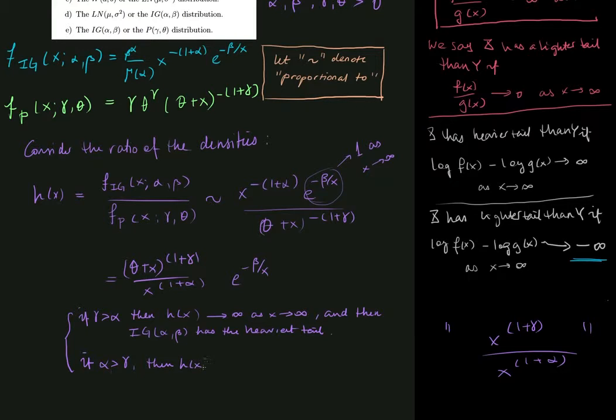So then h of x will tend to 0 as x tends towards infinity, and that means that the Pareto distribution has the heaviest tail.